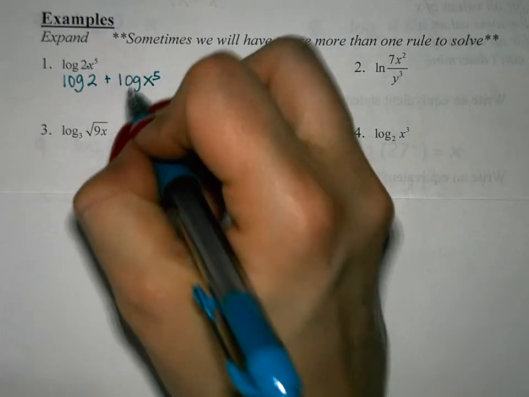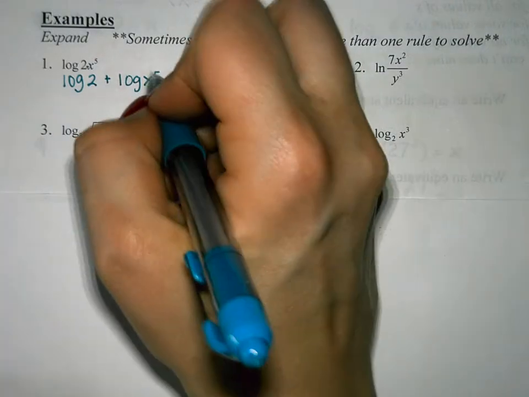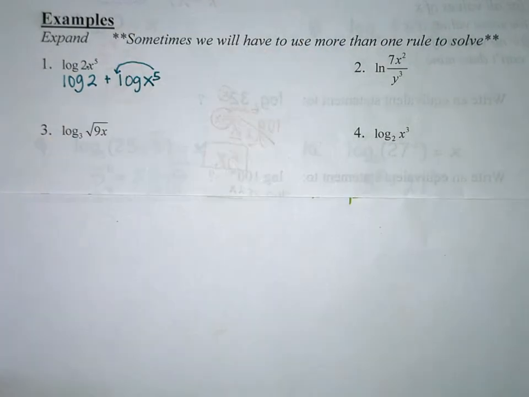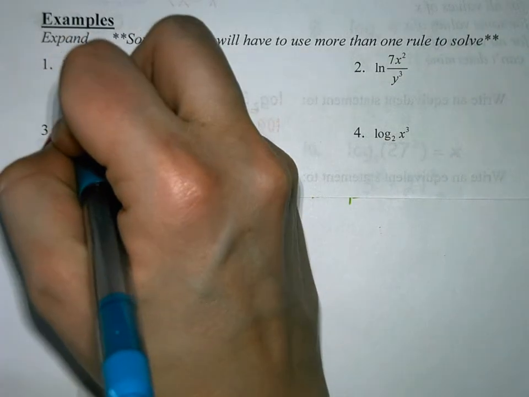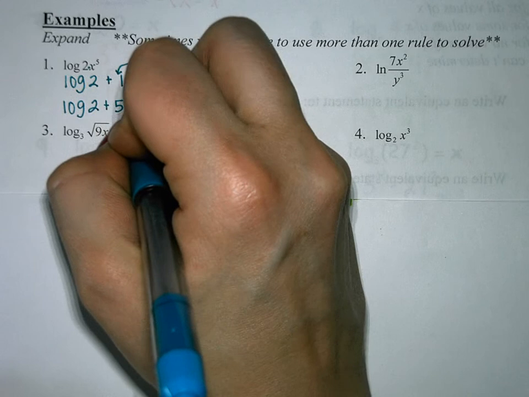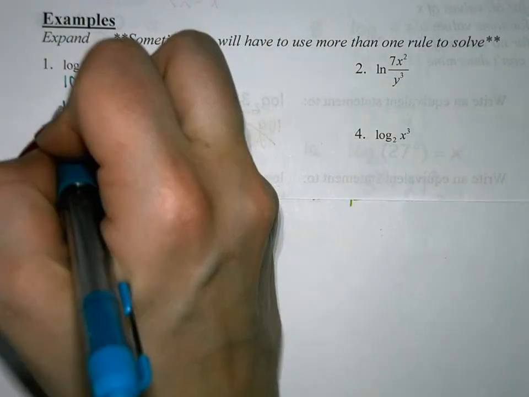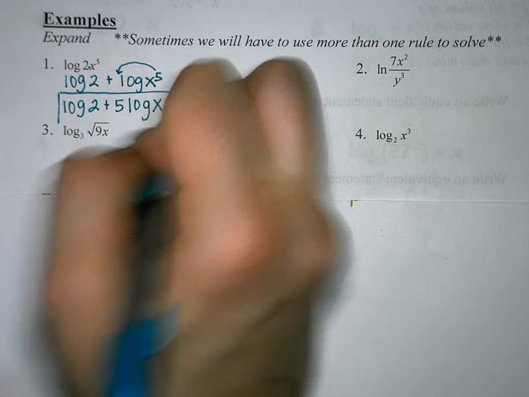But then I also notice that my x has a 5 attached to it, so that's the power rule. So I'm going to bring that 5 down in front. So this is going to be log of 2 plus 5 log x. And that's as expanded as we can get, so that's going to be our answer.